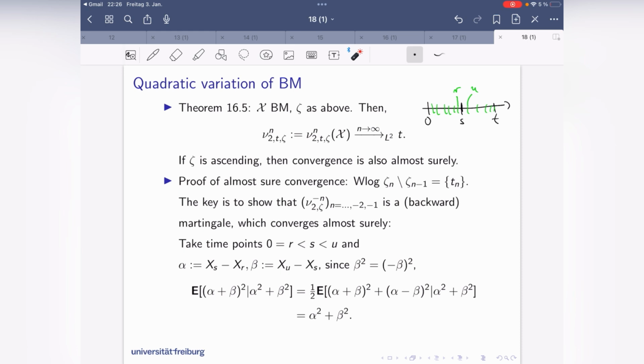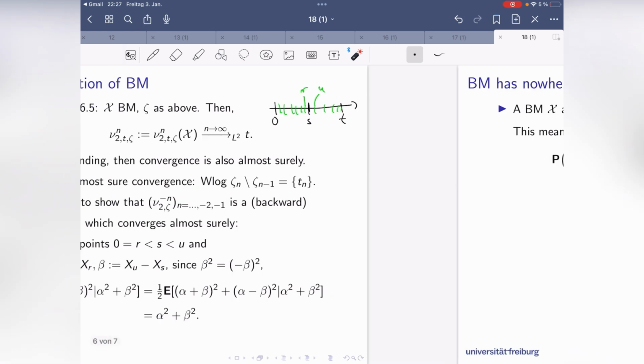And in the end, I just have alpha square plus beta square, conditional on alpha square plus beta square. Well, that's exactly alpha square plus beta square, which makes this thing here a backward martingale. So of course you have to make more bookkeeping for everything which can happen, but that's the essence of the calculation. And that's the last proof of this talk.